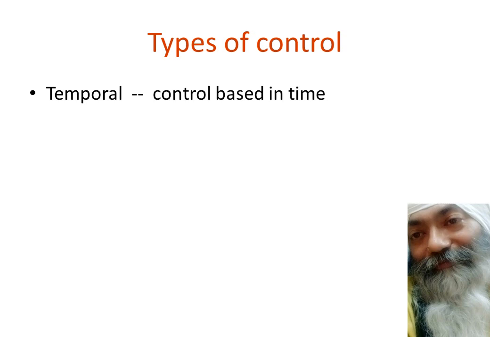It means that some condition became true and it remained true for 3 minutes. Only then the output will be energized. A counter, for example, that ticked 10 times. You keep a history of it: it has ticked once, a second time, a third time. Only when it ticks, let us say, 10 times, the output will be 1. So this is called temporal control.